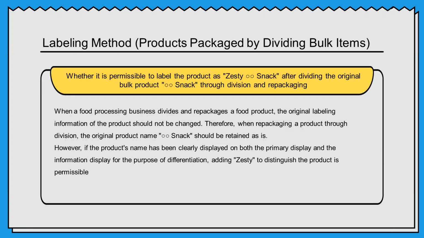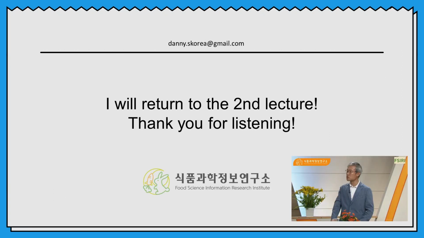Except for the contents such as the quantity, the name of the business and its address, the packaging material, and the nutritional information, which should be adjusted according to the division or repackaging, the original labeling information of the food product should not be altered. However, it is permissible to retain the original product name and make certain additions to it in the case of repackaging through division.